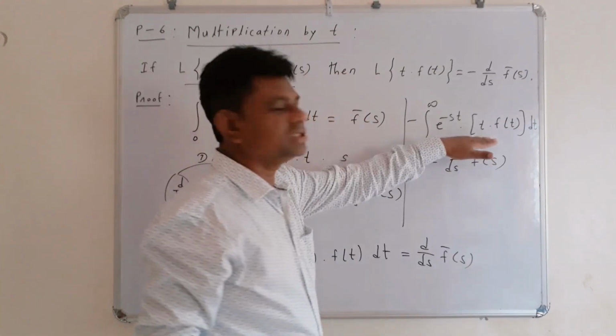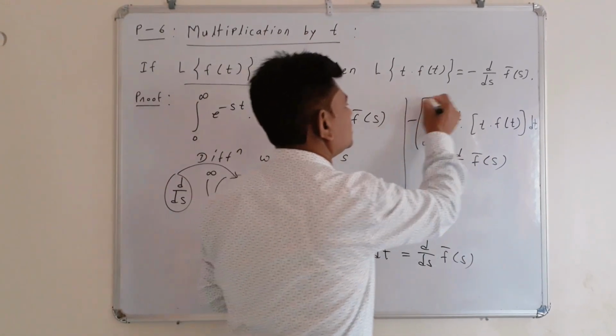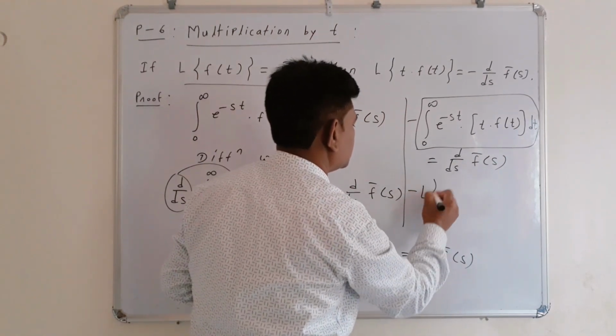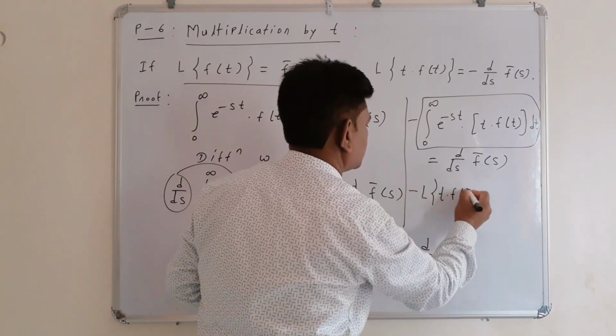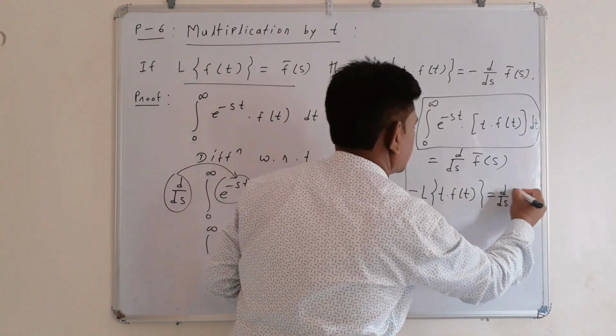Now by using the definition of Laplace transform, this integration is the Laplace transform of t times f of t, is equal to d by ds f bar s.